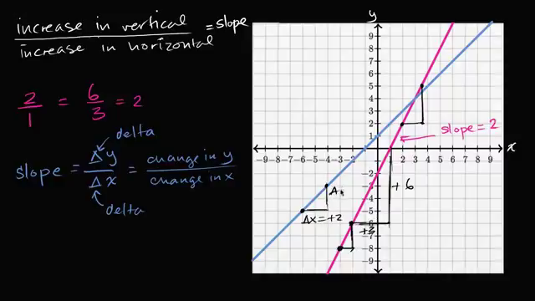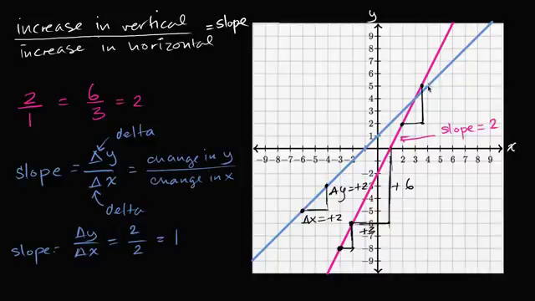So my change in y is also plus 2. So the slope of this blue line, which is change in y over change in x, is 2 divided by 2, which is equal to 1. That tells us that however much we increase in x, we're going to increase that same amount in y.